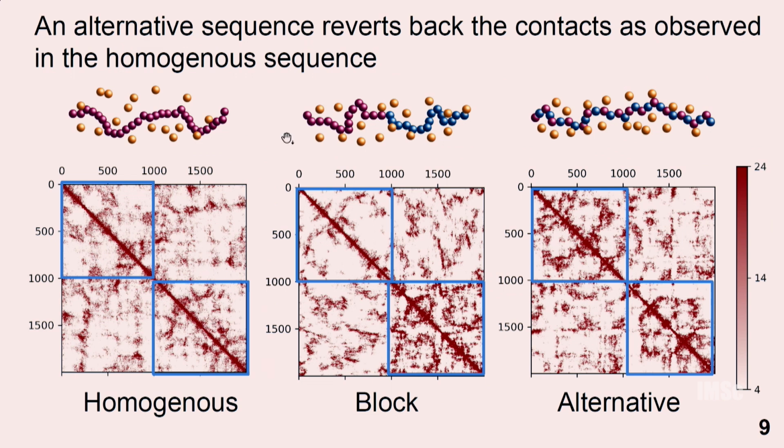But if you have a blocky sequence, my sequence from 0 to 1000 is this pink one, and from 1000 to 2000 you have this blue one. And this blue one binds to the yellow ones with higher affinity. So the pink one is one type of nucleotide and the blue one is the other type of nucleotide. That's the assumption, but the protein is the same. I see. Okay. Thank you.